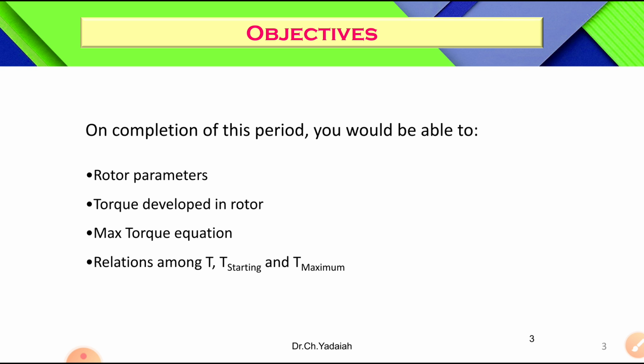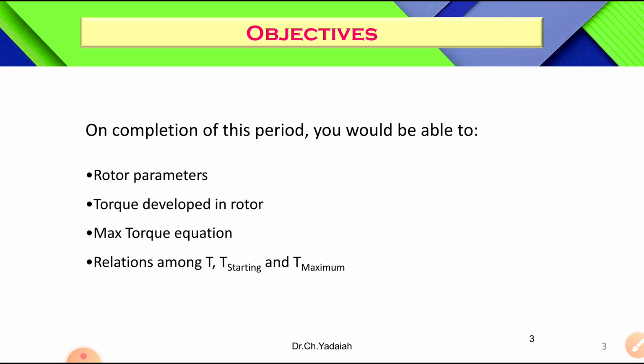rotor parameters. Last class we have seen some introduction, and how the torque is developed. So in this class, how these parameters change in rotor if rotor starts to rotate near to synchronous speed. That means there is slip speed.